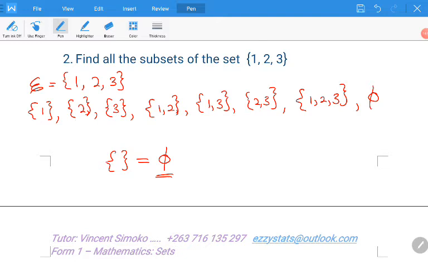So a set which contains 3 elements has 1, 2, 3, 4, 5, 6, 7, 8 subsets. So the universal set 1, 2, 3 has 8 subsets.